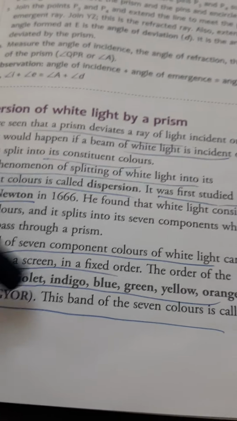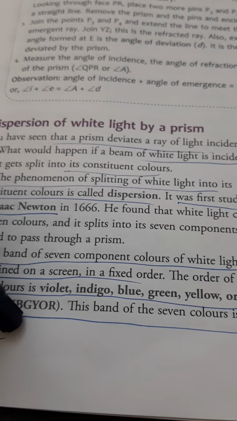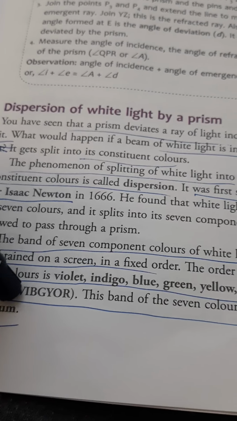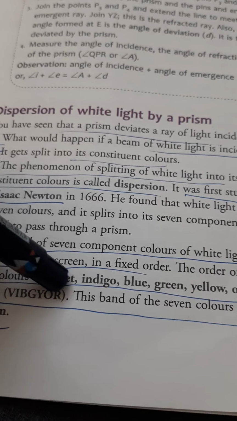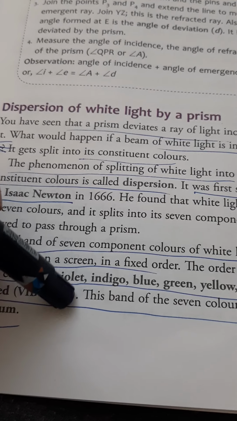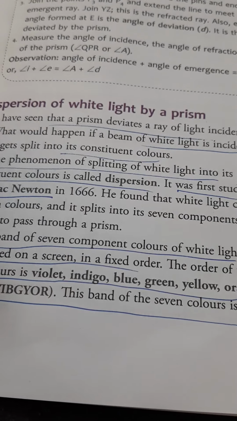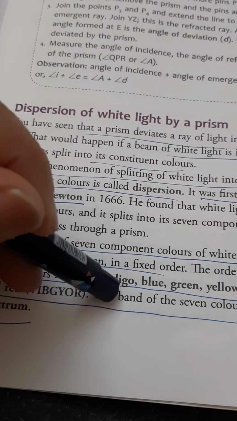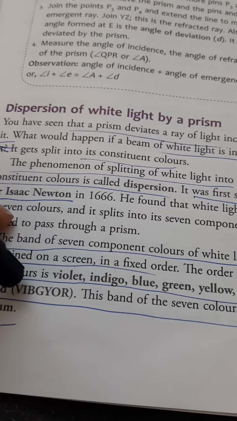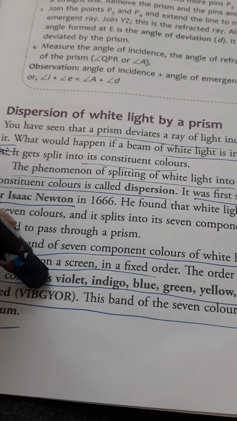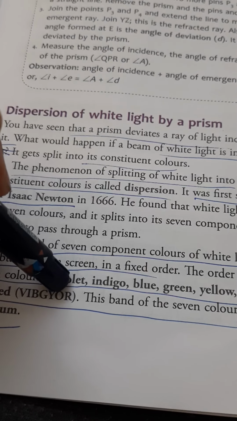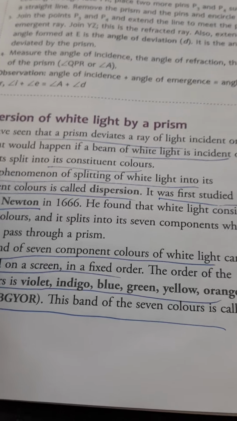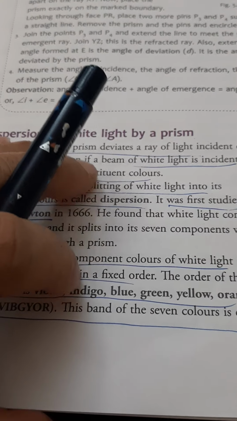Now why does this dispersion take place? Because in this you will find that violet is deviated the most and red is deviated the least. In the same way you can arrange it in descending order: violet is deviated the most, then indigo, then blue, then green, then yellow, then orange, because all the colors have their own refractive index.